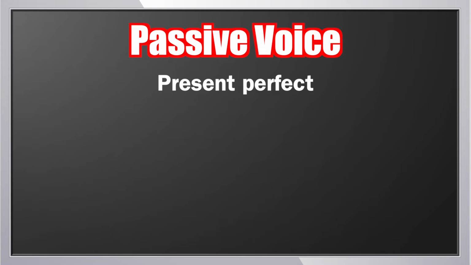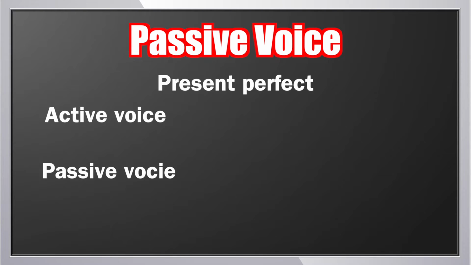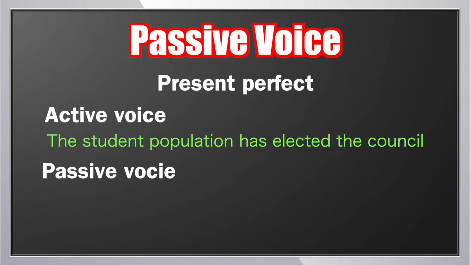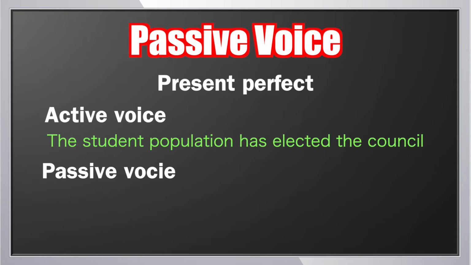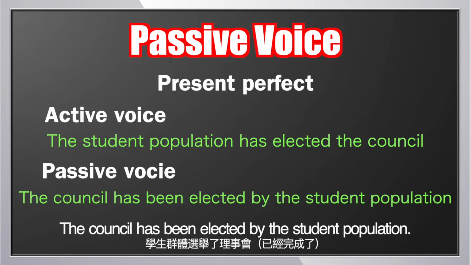Present perfect. Active voice. The student population has elected the council. Passive voice form is the council has been elected by the student population.